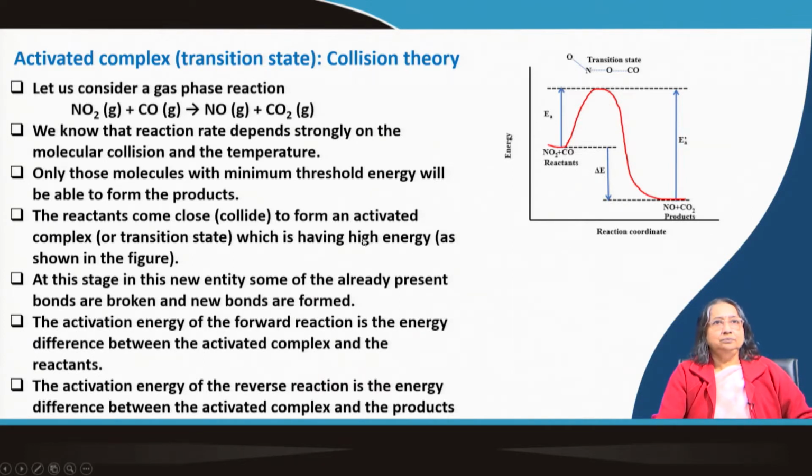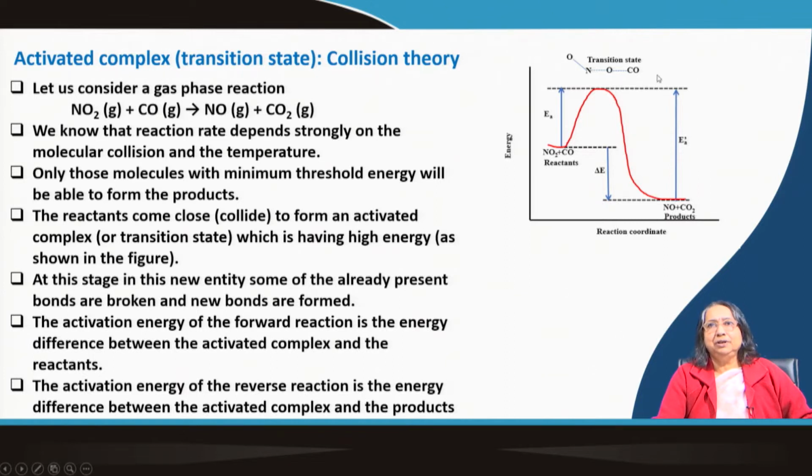Now, when the activated complex is formed, in this new entity some of the already present bonds are broken and new bonds are formed. You can see here, because the reaction is between NO2 and CO forming NO and CO2, one NO bond has to be broken, and one bond should be formed between carbon and oxygen.